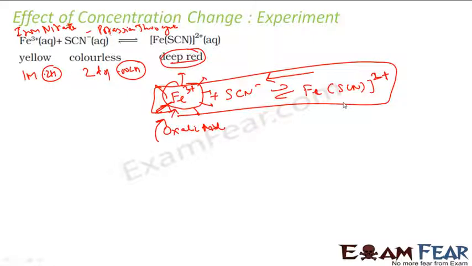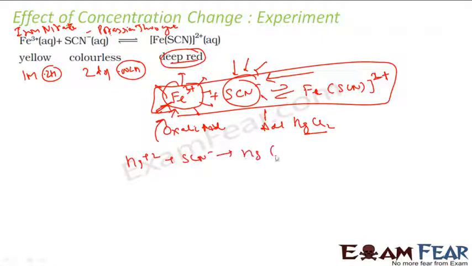Let's try to work with potassium thiocyanate. To reduce the concentration of potassium thiocyanate, you can add HgCl2 to the system. The reaction is like this: SCN- gives Hg(SCN)4.